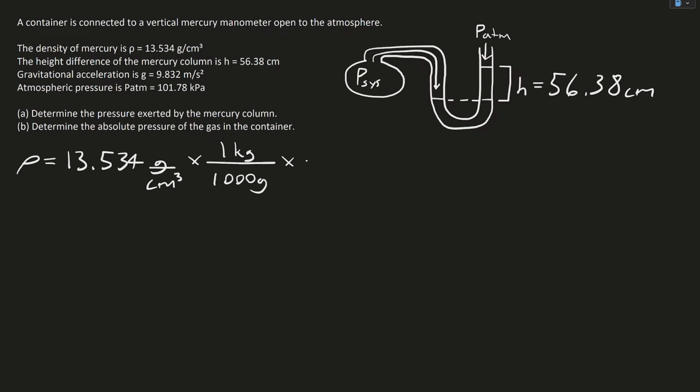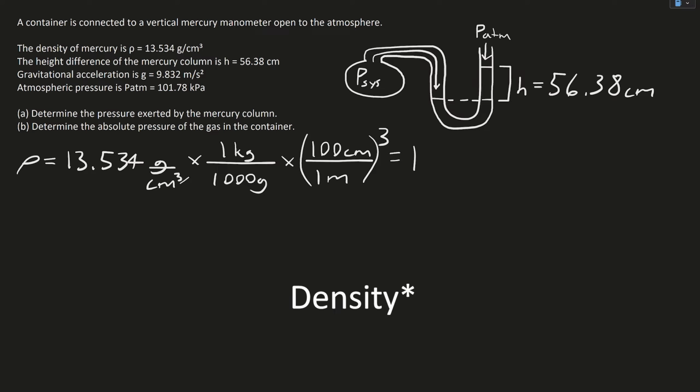Then we'll convert the centimeters to meters by multiplying by 100 centimeters for every 1 meter. And then since the centimeters are cubed, we need to cube this conversion factor. This gives us that the density is equal to 13,534 kilograms per meter cubed.